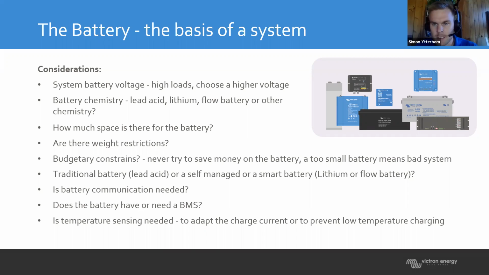The system voltage: most sailboats are 12 volts. If it's a bigger boat, you could have 24 volts. Generally, if you have a lot of loads and high loads, it's more convenient to choose a higher system voltage.